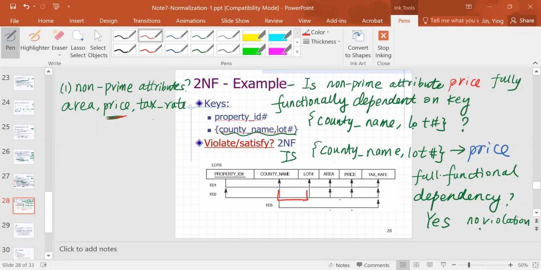County name, lot number to price is here. If I remove county name from lot number to price, based on the existing functional dependencies and the inference rules, I don't think that's right. No matter whether you remove county name or lot number, the other attribute cannot determine price. So we need the combination of county name and lot number together to determine price. In other words, this is a full functional dependency. So the answer is yes. So far there's no violation.